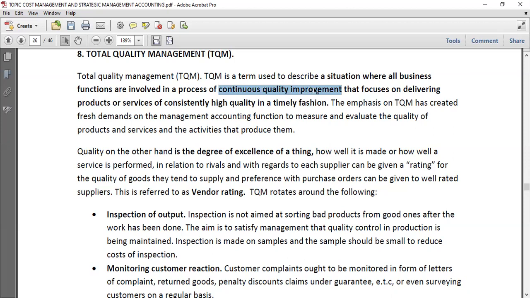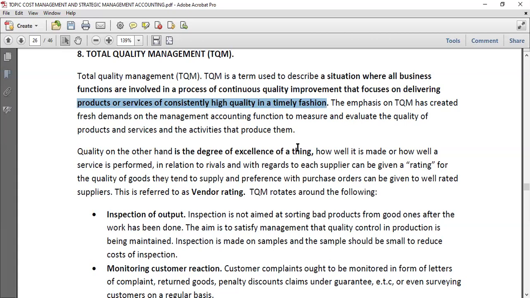Okay. It basically focuses on delivering products and services of consistently high quality in a timely fashion. Okay. In a timely fashion. That's why it's called total quality. No one is left out. Total quality management. Okay.